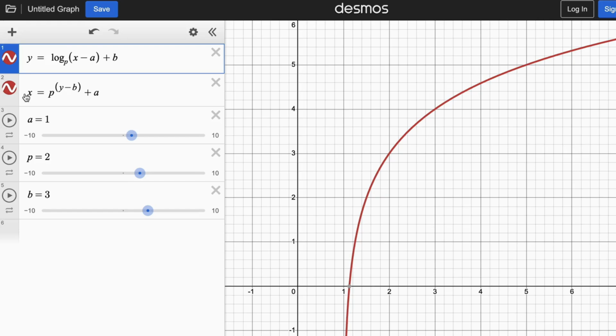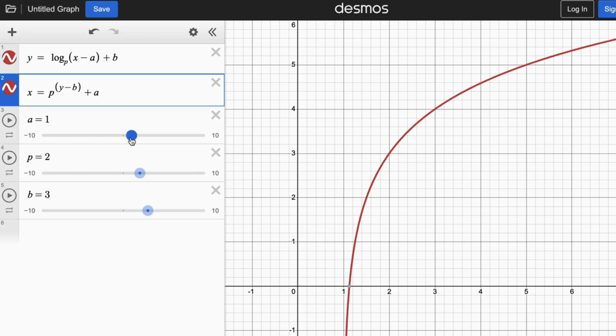It's just a little bit flipped around. As you can see, these graphs exactly overlap each other, so they're the same thing, just different ways of writing it. I wrote it like this because it's similar to the exponential graph: if you switch around the x and y and the b and a, that would be the exponential graph.